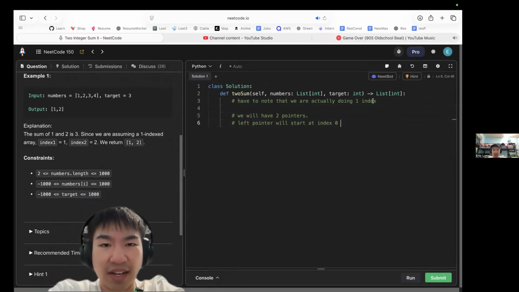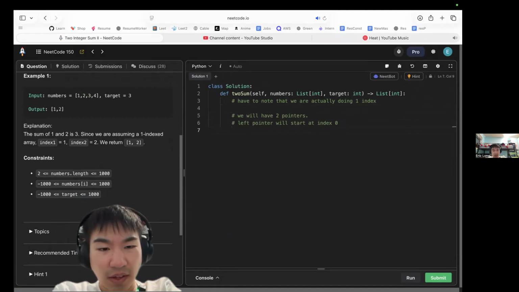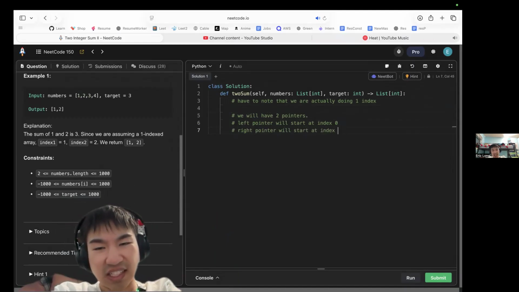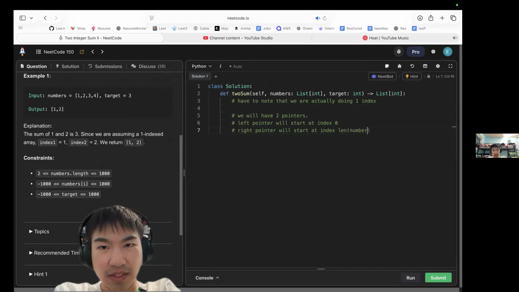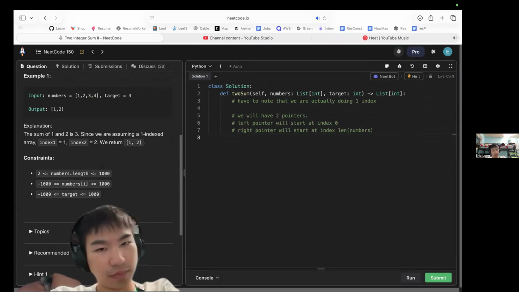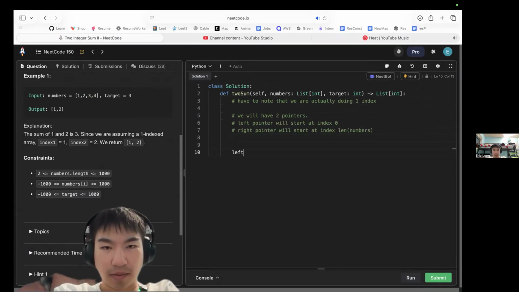Okay, so let's go ahead and do that. Let's make left pointer equal to 0. Let's make right pointer equal to the length of numbers.